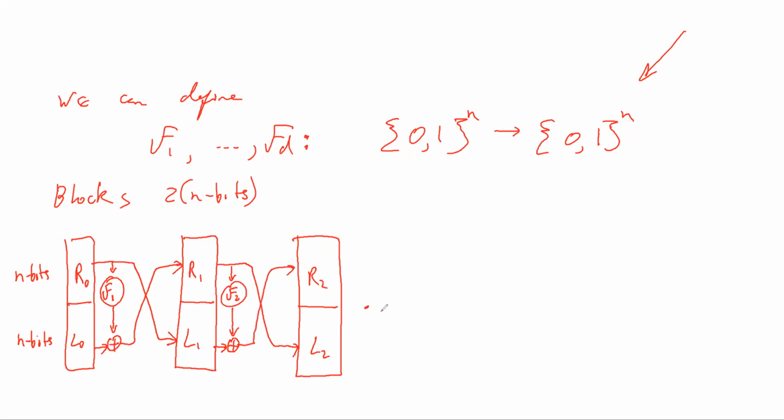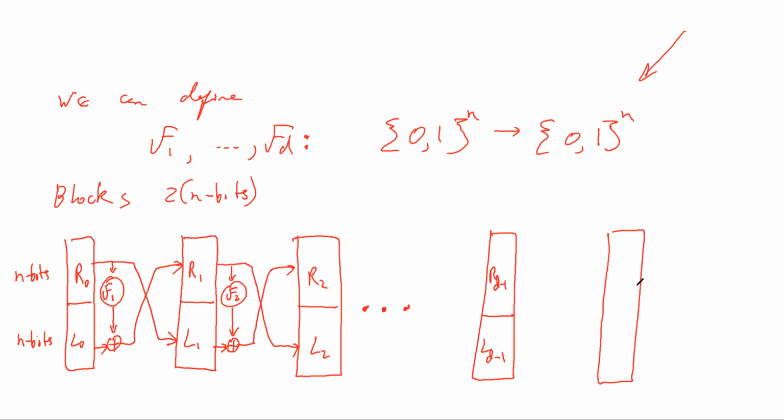Then we just repeat that process until the end. We're going to end up with R d minus 1, L d minus 1, and then this over here will give us the final output.